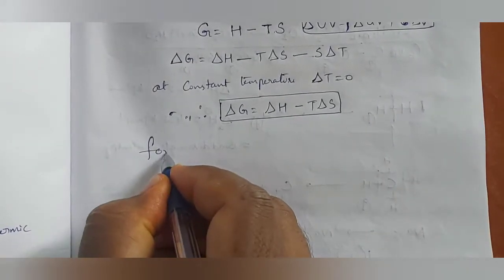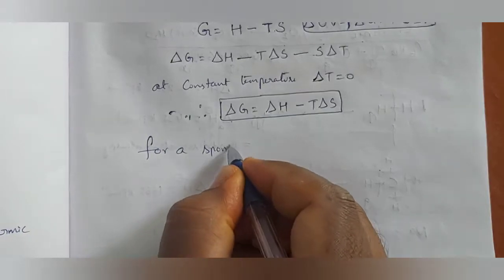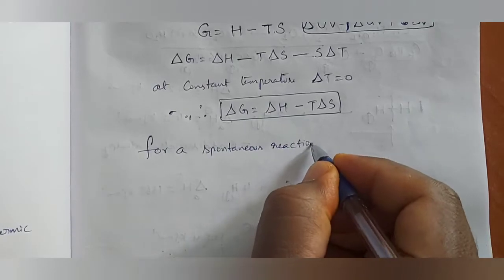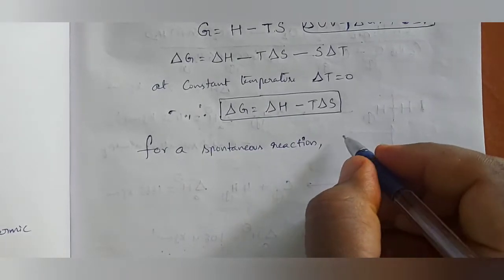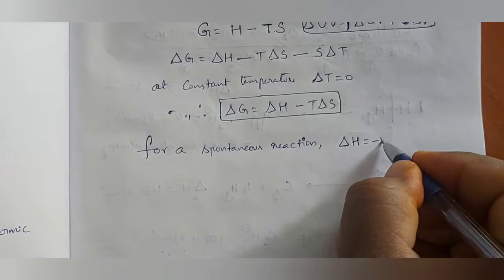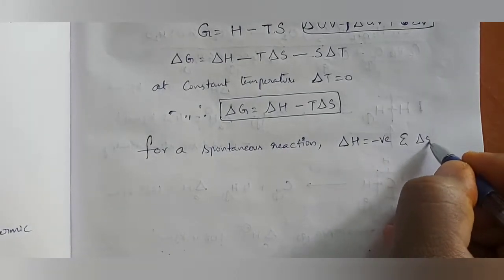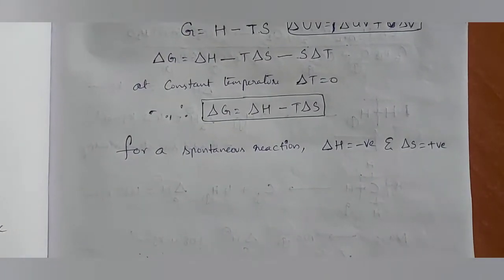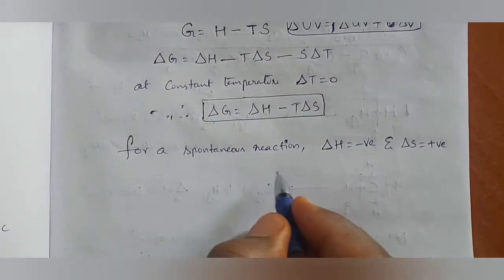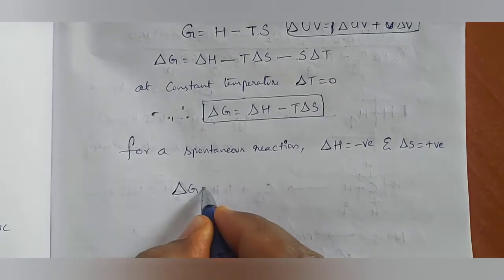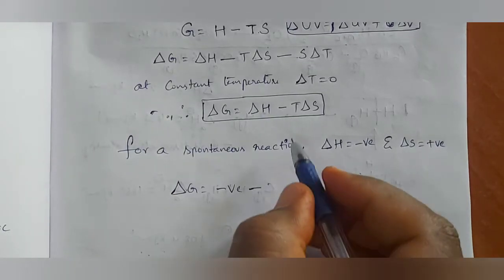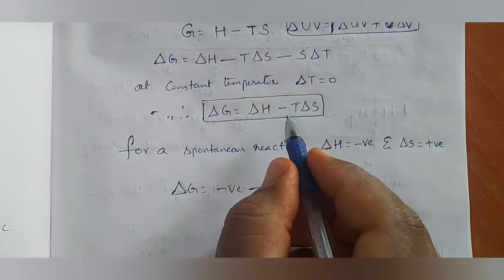Now, for a spontaneous process, delta H is negative and delta S is positive. Substitute these values. Delta G is equal to delta H, negative for a spontaneous process, minus capital T, the absolute Kelvin temperature, which is 0 or a positive value.